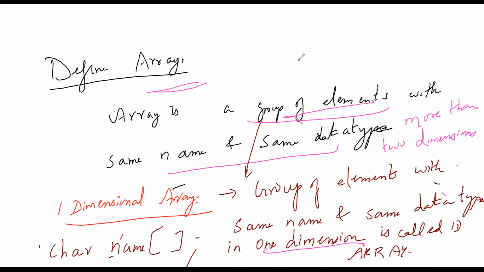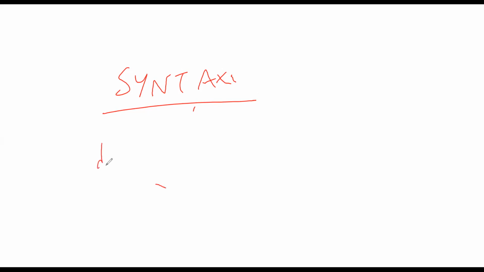Correct. So what I want you to do now is the syntax of this. Syntax of array is what? What is an array? A group of elements with the same data type and same name, right? So data type, name, same name, correct?